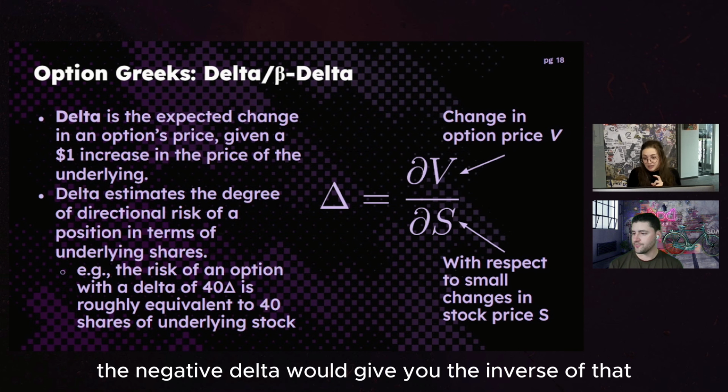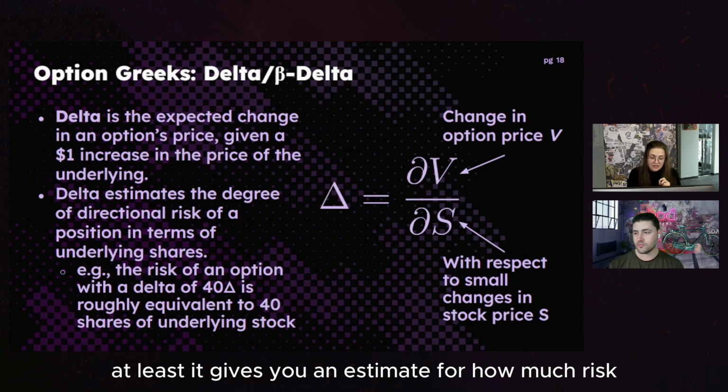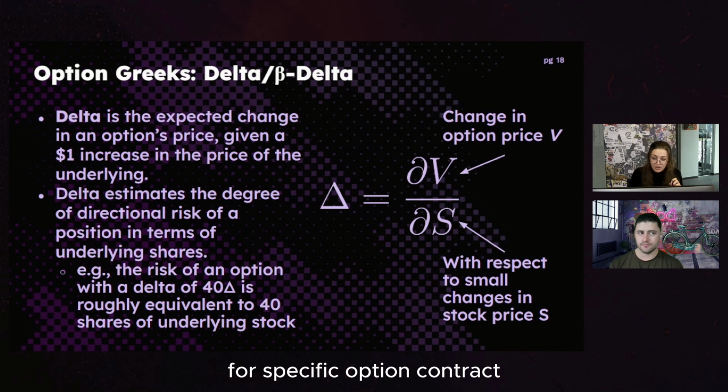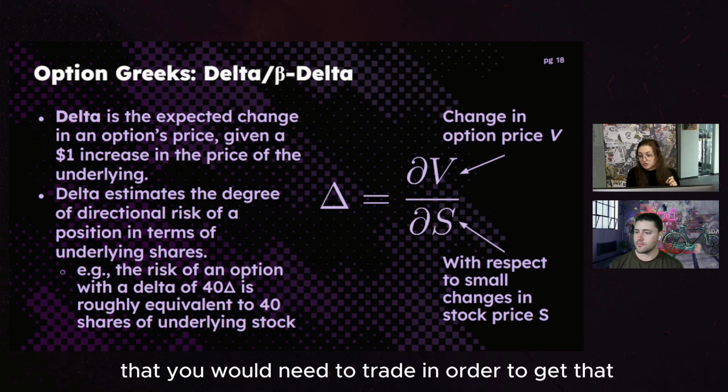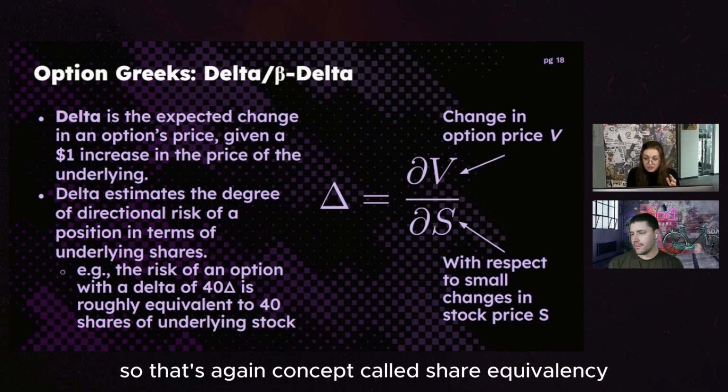And then the negative delta would give you the inverse of that. This is how I like to think about it, at least. It gives you an estimate for how much directional exposure there is for a specific option contract relative to the number of shares that you would need to trade in order to get that equivalent amount of risk. So that's, again, a concept called share equivalency.